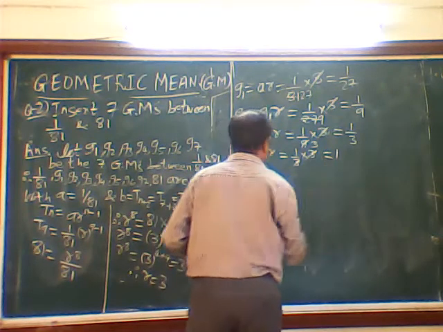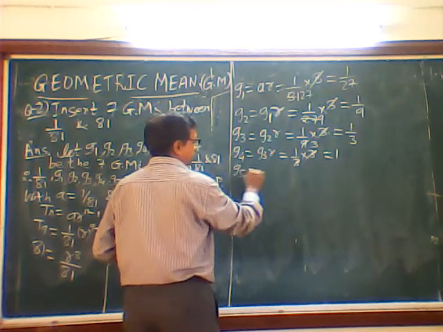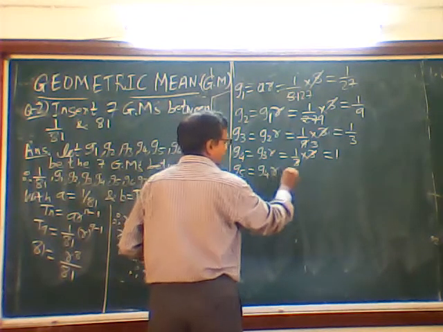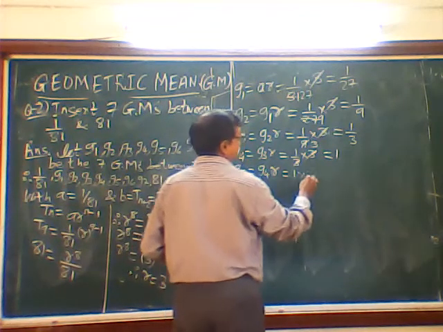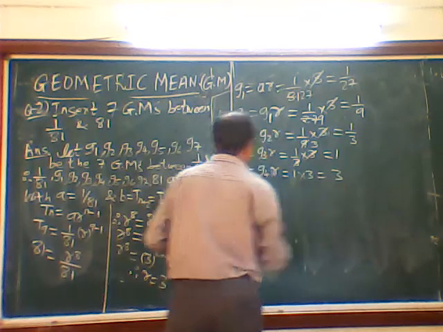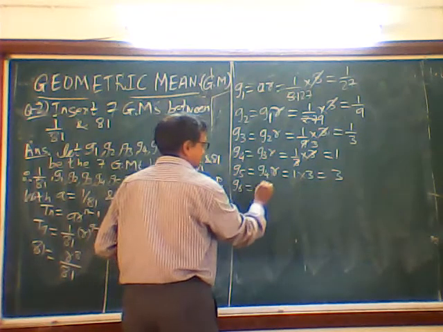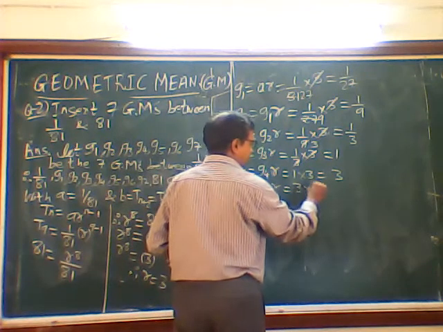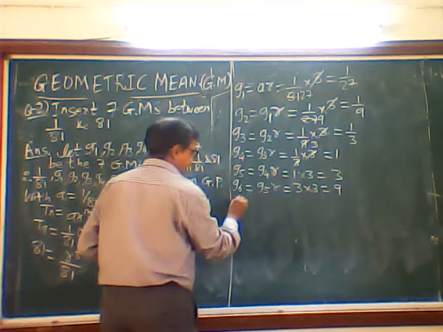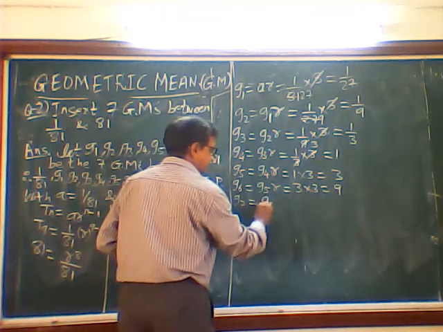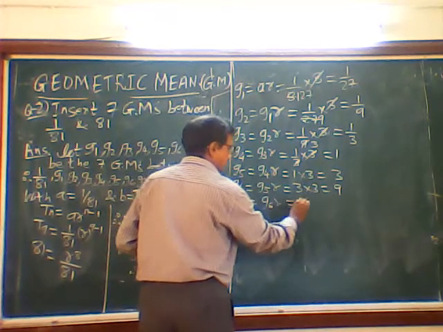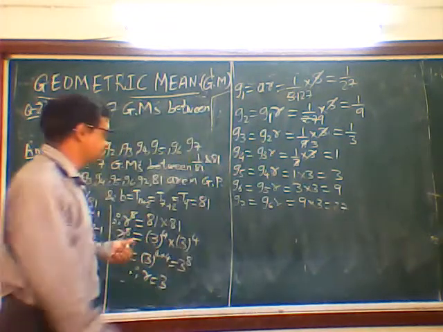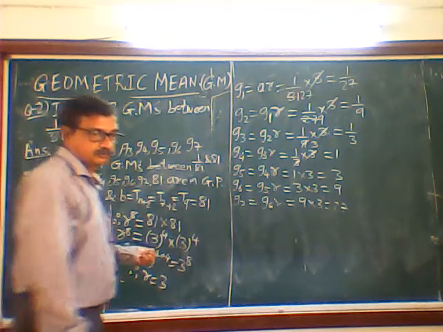Cancel, it will be 1. G5 is G4R. What is G4? 1. 1 into R is 3. Then what is G6? G5R. That is 3 into 3, 9. Then what is G7? G6R. That is 9 into 3, 27. So G7 is 27.